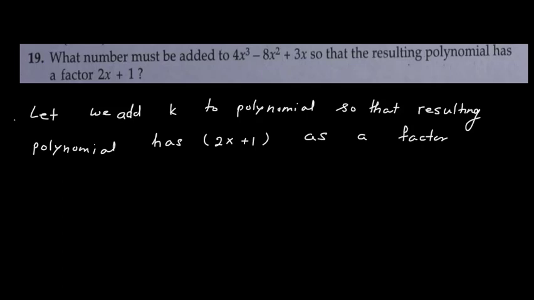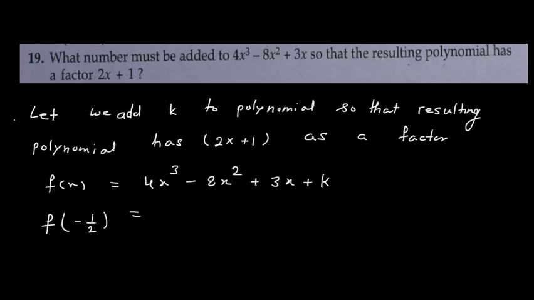So our f of x will become 4x cube minus 8x square plus 3x plus k, and this 2x plus 1 is a factor, so f of minus 1 by 2 I will get as 0.